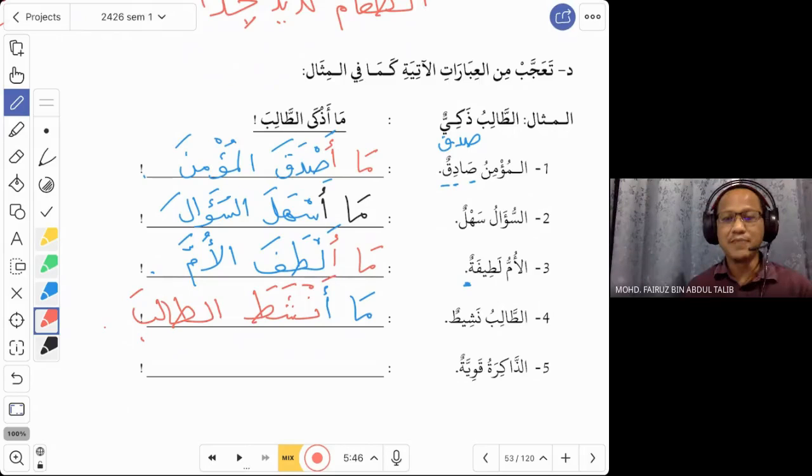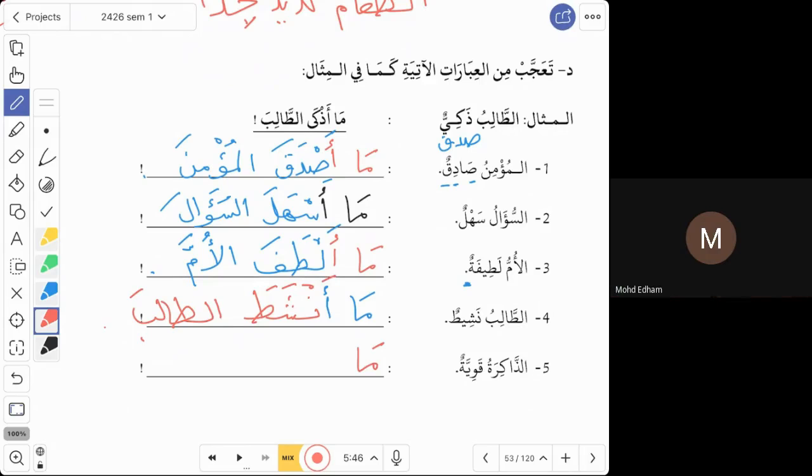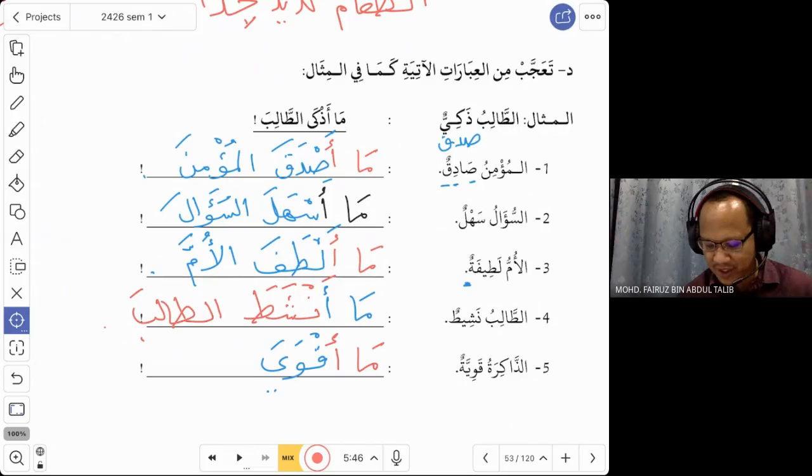The memory that you use in your phone, RAM, the computer, we use the word Zakira as well. Okay, what is the ta'ajjub for Qawiyya, strong? The memory is strong. Ma akwaya. Okay, if you follow the wazan, yes, you will get this word. But do you remember what you need to do if the word ends with this ya?